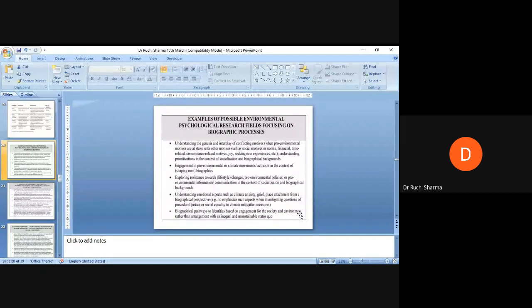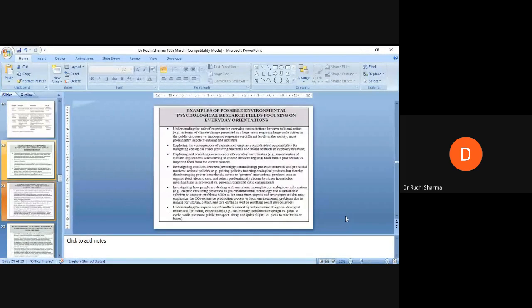If they are not aware of what adversity means, or how these things can lead to too much consumption and affect the conservation of our environment, then it will have an adverse impact. So, biographical pathways lead to identities based on engagement for the society and environment, rather than arrangement with an unequal and unsustainable status quo.